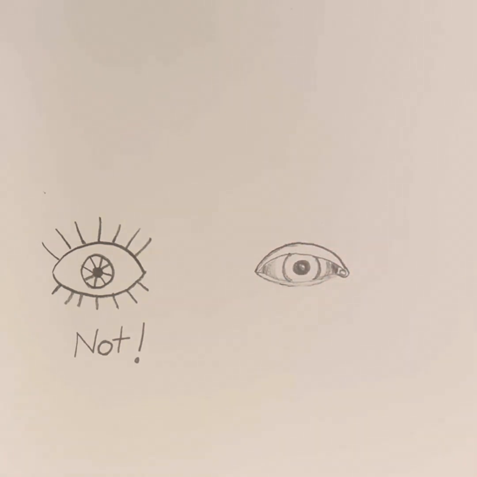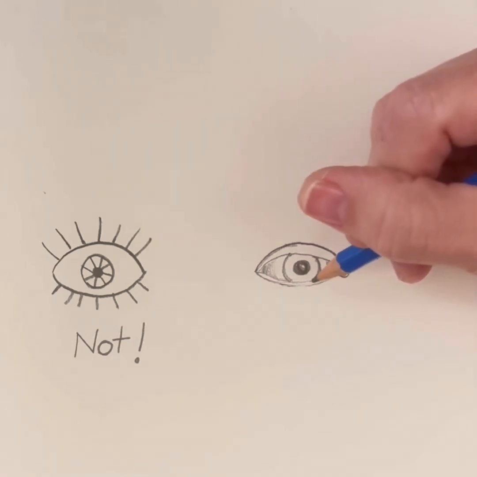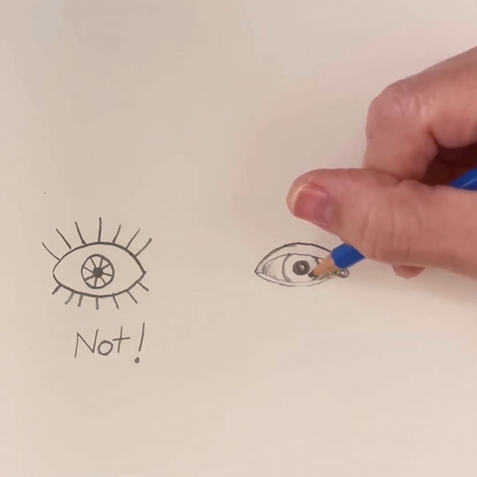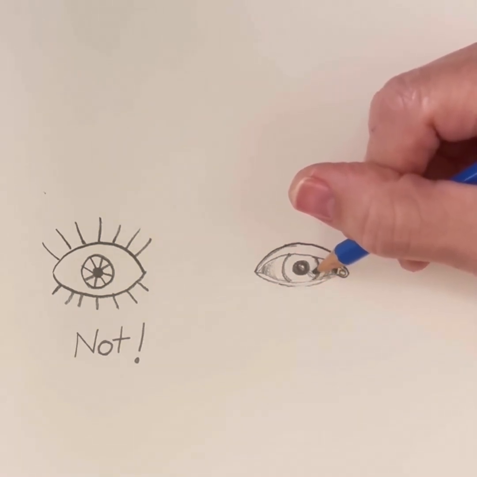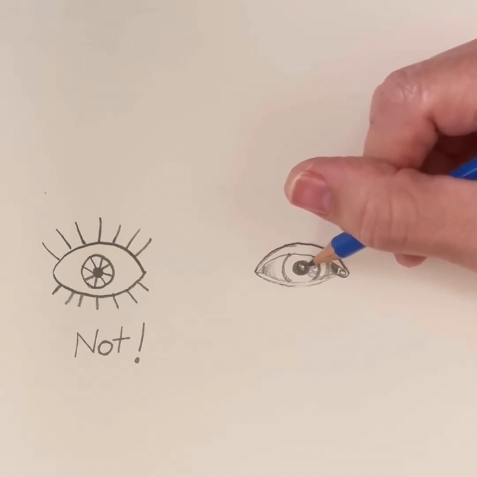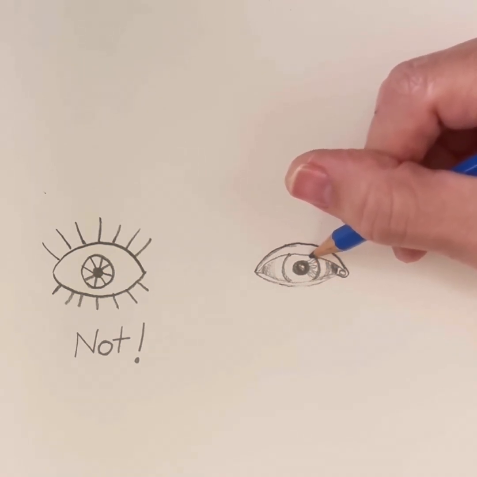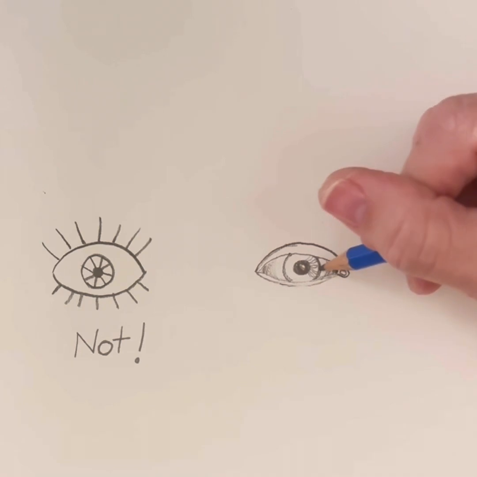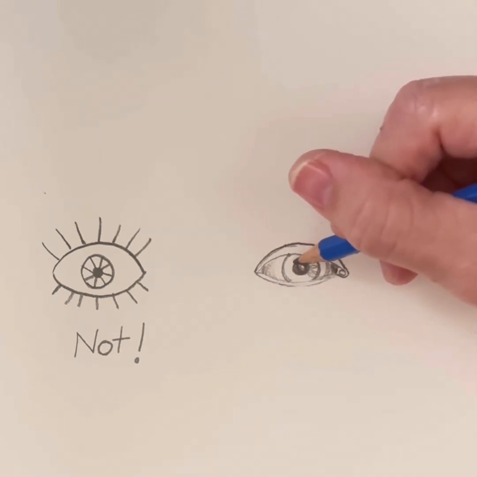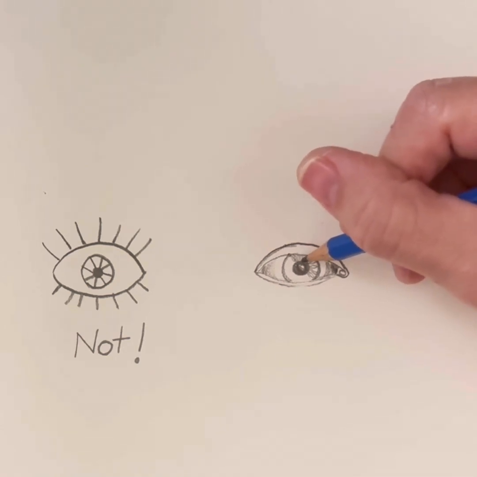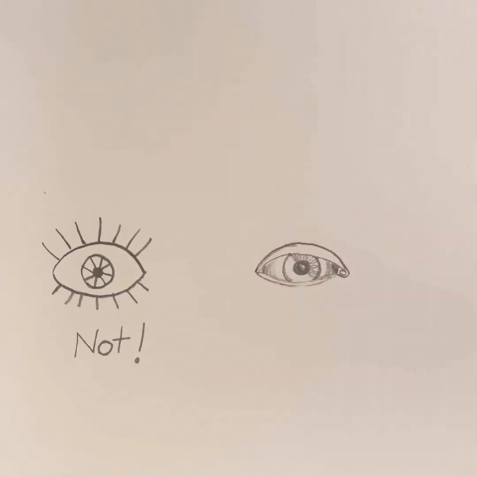Now we're going to add little lines in the iris. I have no idea what these are called, but they kind of go up and down as if they are all moving from the middle. My pencil.